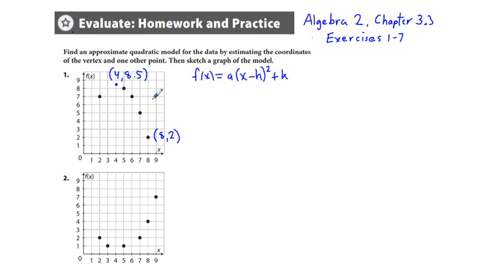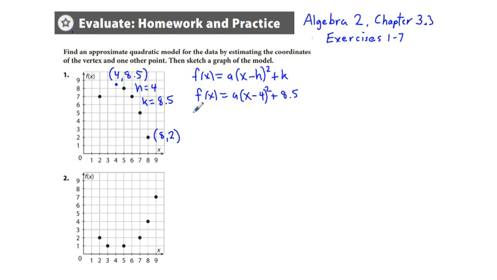So I'm going to write out f of x using the vertex, a times quantity x minus h, and in this case h is equal to 4 and k is equal to 8.5. So we have x minus 4 squared, plus 8.5.